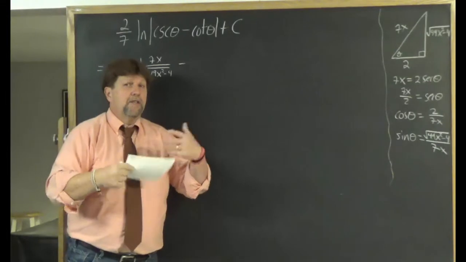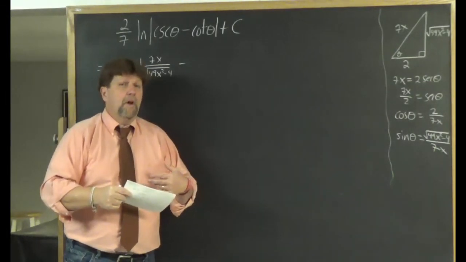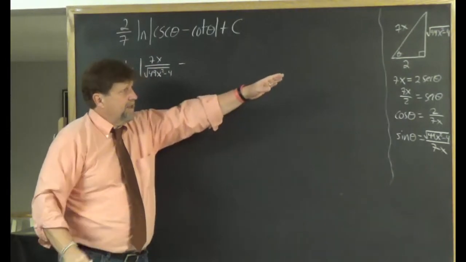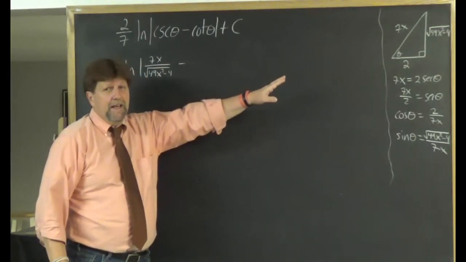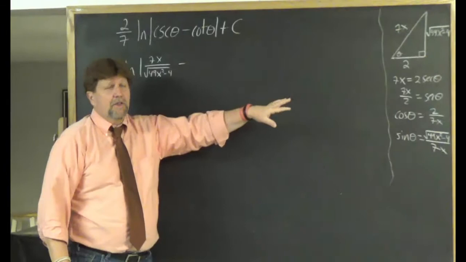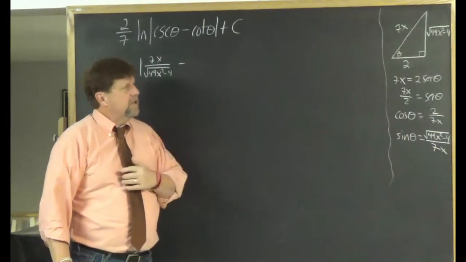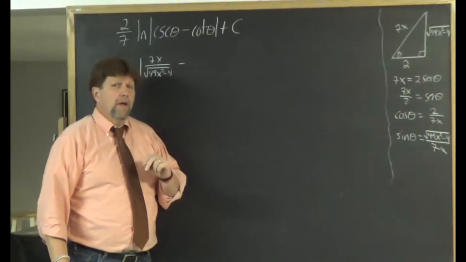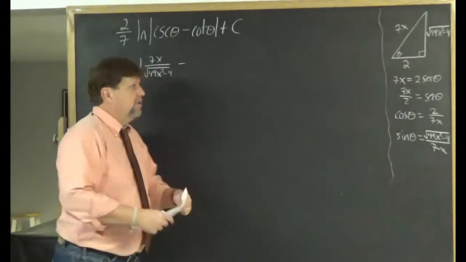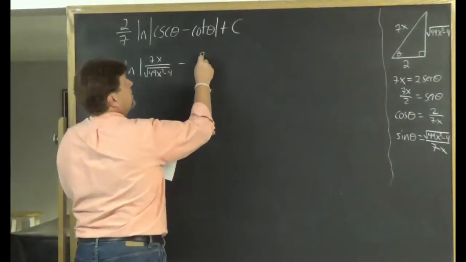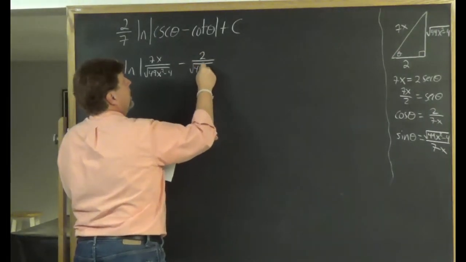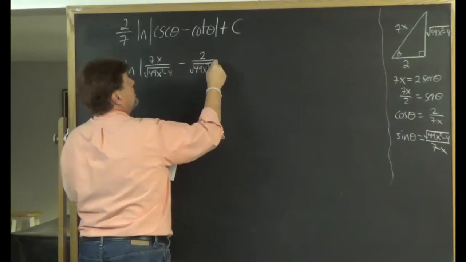Cotangent is cosine over sine, or I could think of cotangent as the reciprocal of tangent. My right triangle tells me tangent, opposite over adjacent, would be square root 49x squared minus 4 over 2. So the reciprocal of that is cotangent, which is 2 over square root 49x squared minus 4.